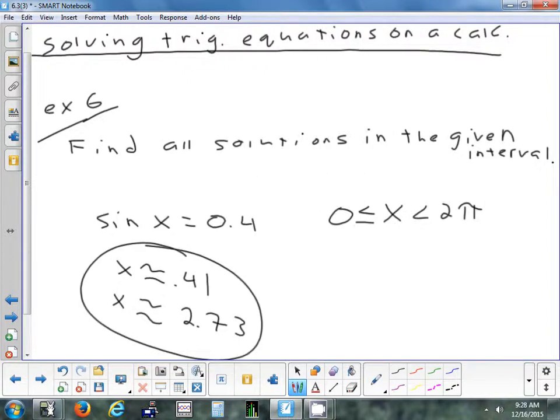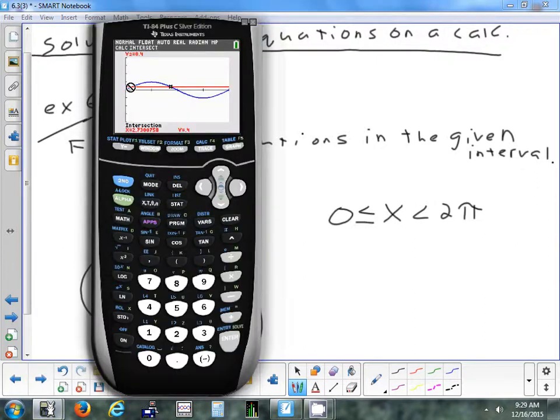Now, how often are these answers going to repeat? All right, that's how many times they're going to repeat, infinitely many, but how often would they occur? Exactly, it's going to repeat every period, okay? So you're going to get this answer repeating every period. So if the period here is 2 pi, it's going to be here.